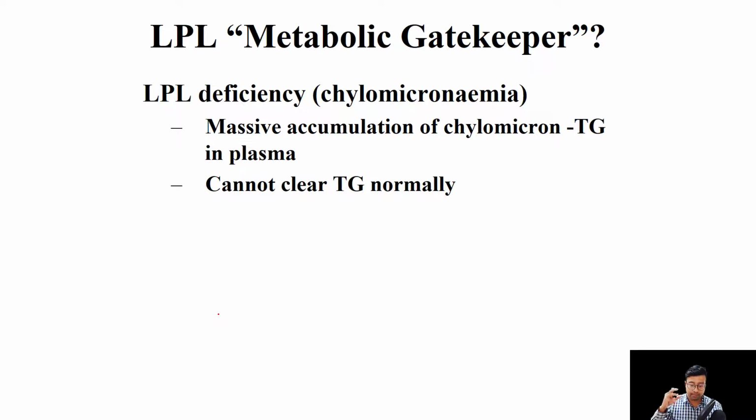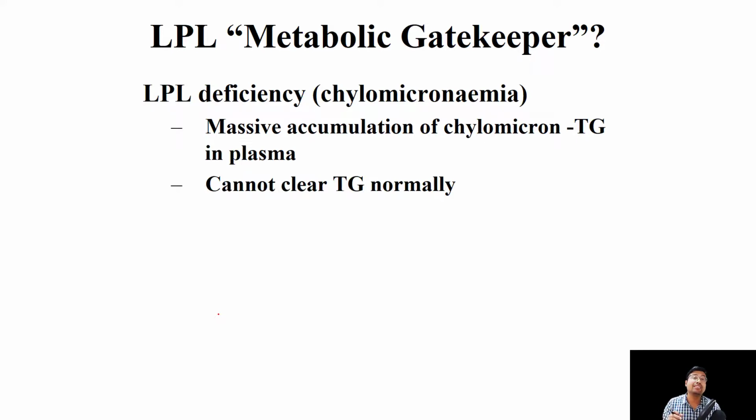If there is excess chylomicron in the body, then the triacylglycerol cannot be cleared. But lipoprotein lipase helps by breaking down the triacylglycerol and converting it into fatty acid and glycerol.